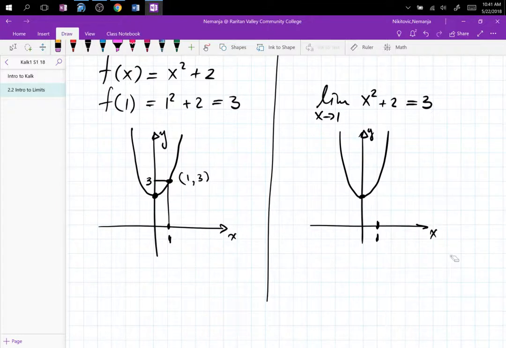Remember how I said that calculus is a study of change, motion, right? This arrow captures that idea. X values will be going to 1. We don't care what's happening at 1. We care what's happening at all infinity of the points around 1.